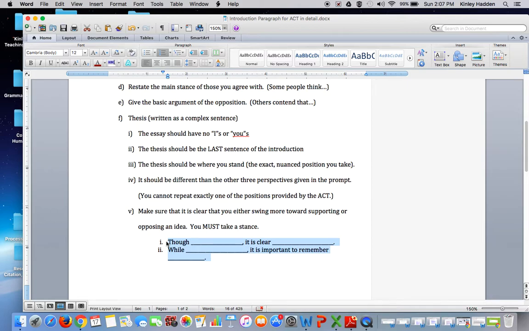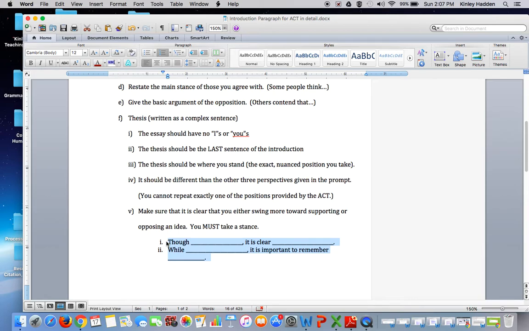While Confederate monuments might tell a version of American history, it is important to remember that for many minorities especially, that history is problematic and complex, and those monuments are a reminder of values that Americans should no longer esteem or revere. Therefore, Confederate monuments should be removed from public spaces. You're very nuanced with that type of sentence.